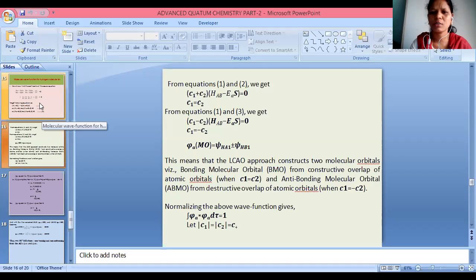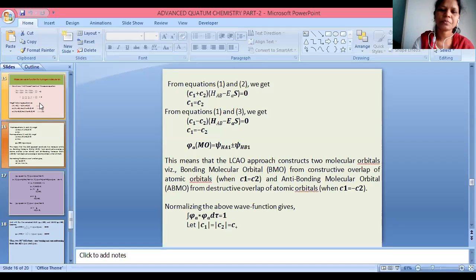Therefore C1 plus C2 must be equal to 0, so we finally get C1 is equal to minus C2. Similarly, if you solve equations 1 and 3, you will get C1 is equal to C2.